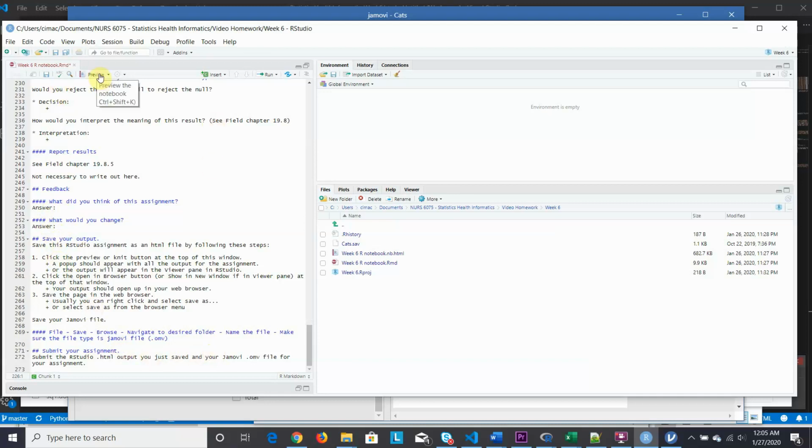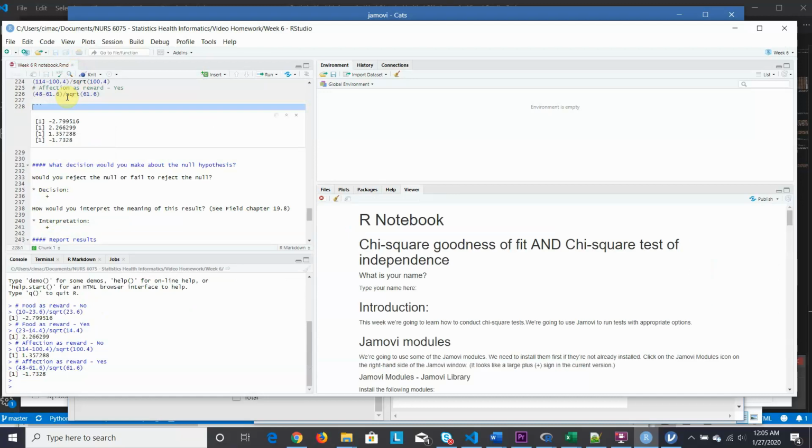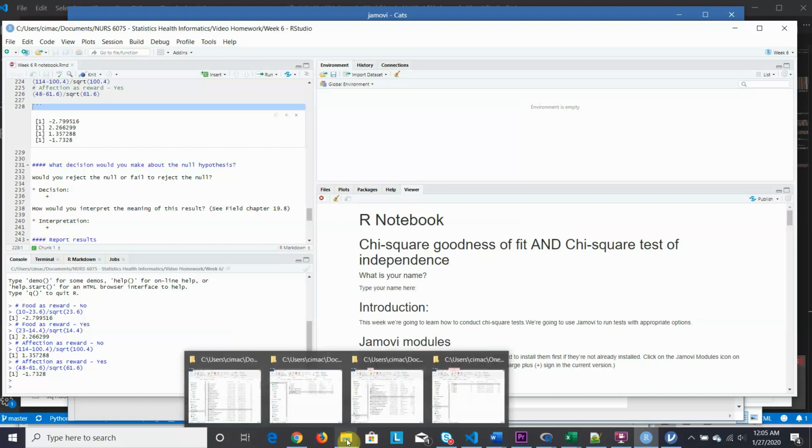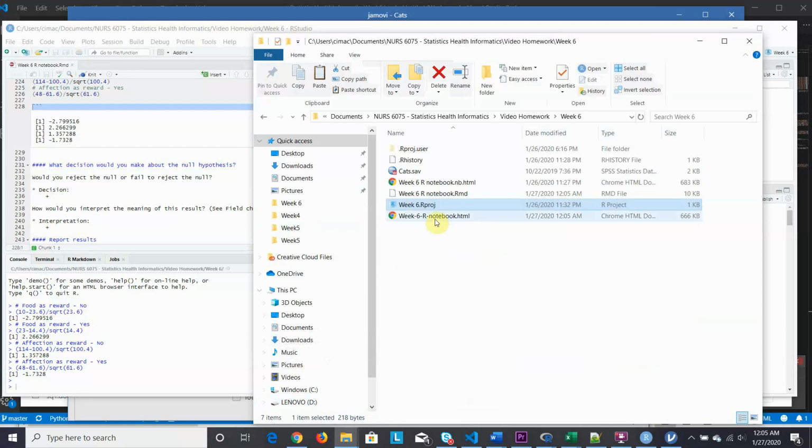And if we try and knit this, that seemed to work, and you want to turn in your HTML file that gets generated for your assignment, and also save your Jamovi file.